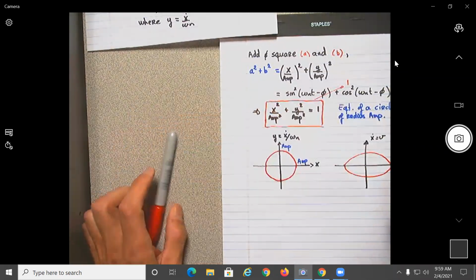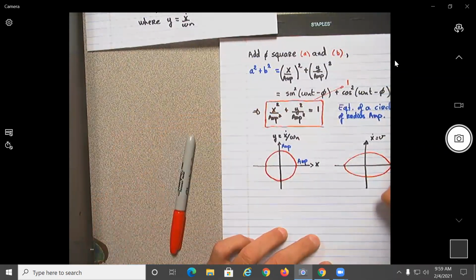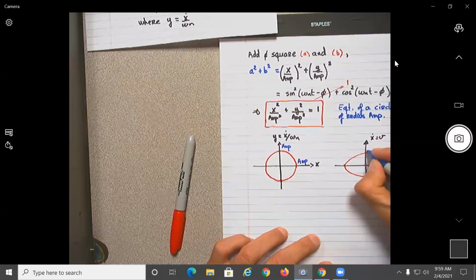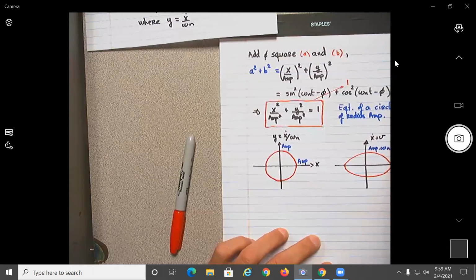The amplitude on the x axis will be equal to the amplitude, but on the y axis it would be equal to the amplitude times omega n.